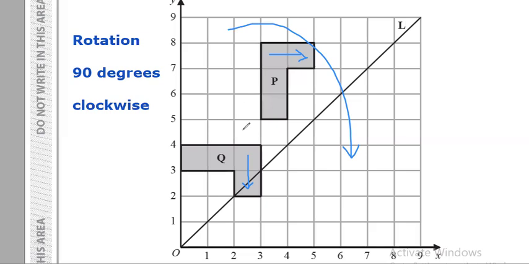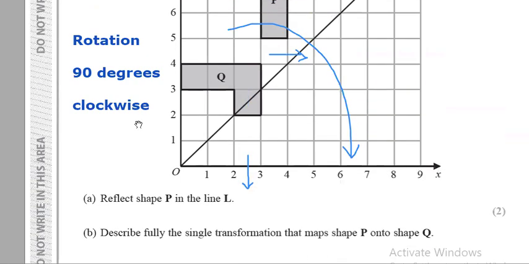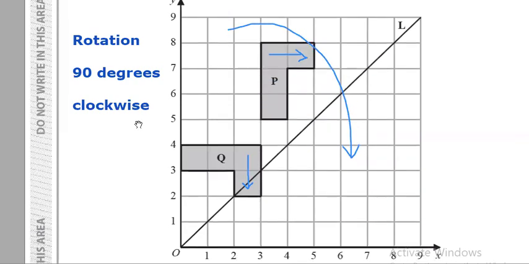So first, I'm going to guess that the center of rotation will be around here, because the shape rotated from P to Q. Now, to guess, I'm going to say one of these points, this, this, or this, should be the center of rotation.